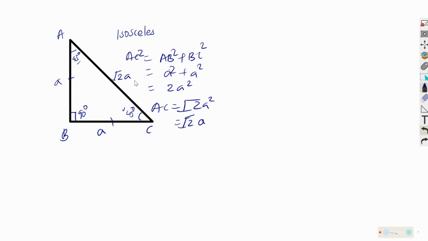Now suppose you apply our knowledge of trigonometric ratios in this case, 45 degree and this is also 45 degree. There it was 30, 60, here both are same, so you will have same answer. Think about sine 45 degree, opposite of sine 45 is this one, and hypotenuse is this one. That means A upon root 2A gets cancelled and you get the answer 1 upon root 2.